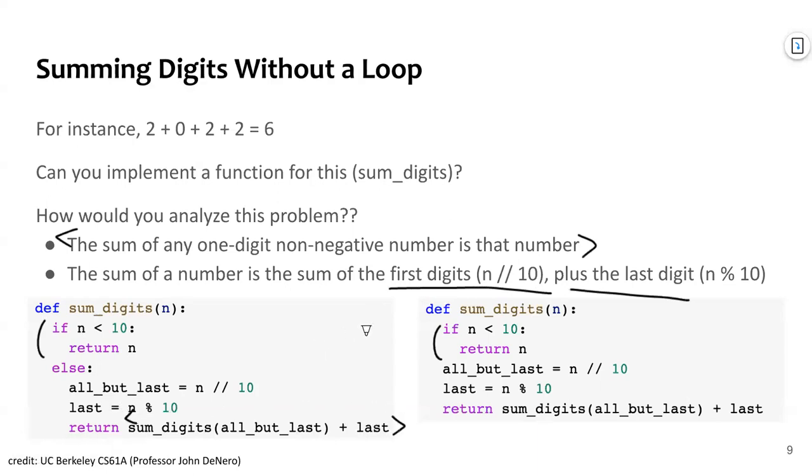And the difference between these two implementations is just removing this else keyword. Because when a function reaches a return statement, it will not go below this part, right? So in the view of this sum digits function, it has only this block or this block.